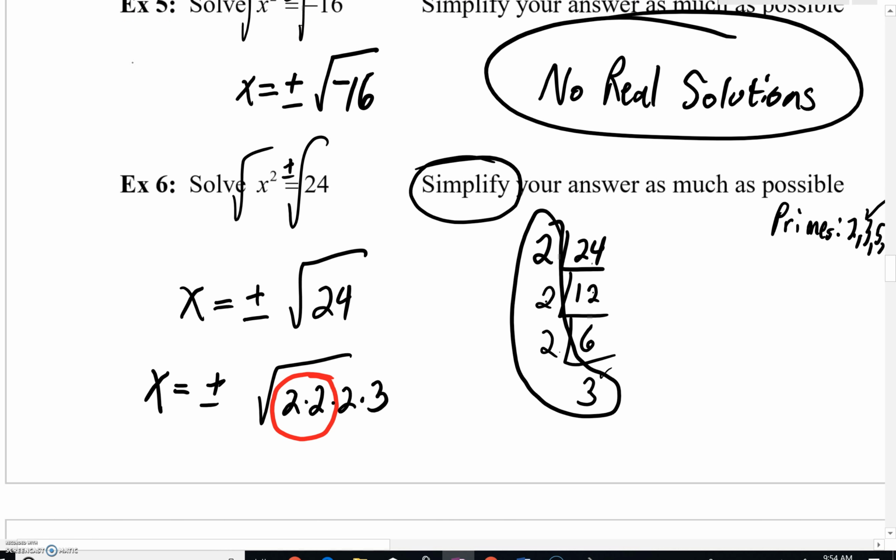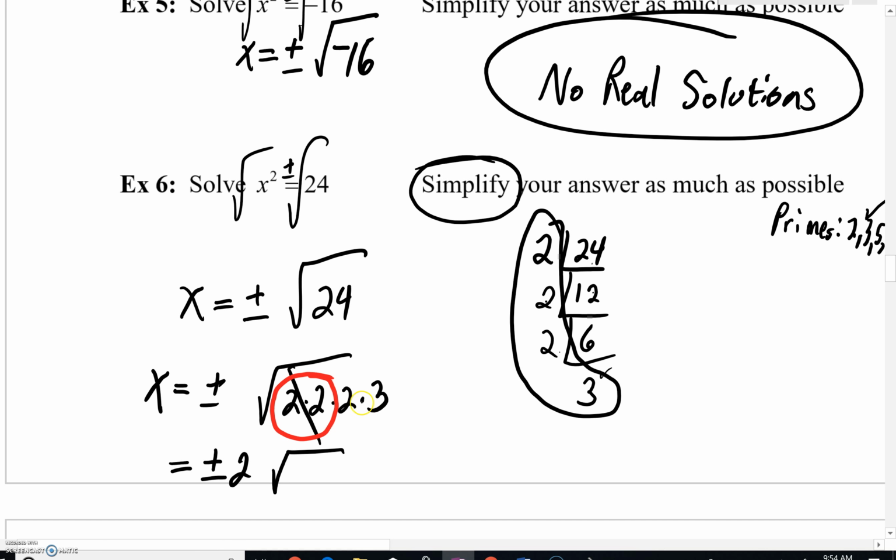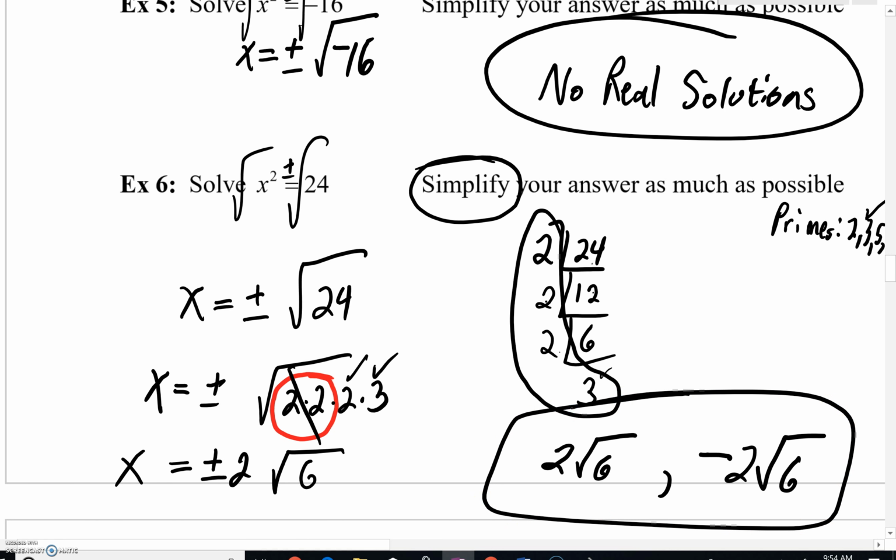Whatever you circle, take one of those items out and then kill the circle. 2 times 3, you'd see, is just going to get you a 6. These two numbers aren't circled. So here are your 2 solutions. You would write 2 square root of 6 and negative 2 square root of 6 in ALEKS. And that is lesson 5.9.